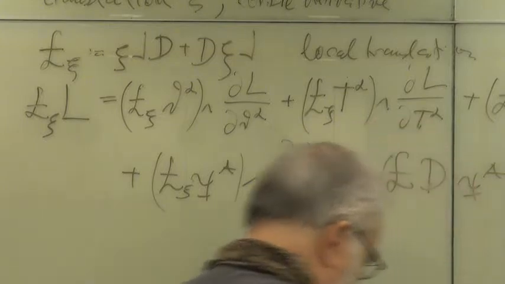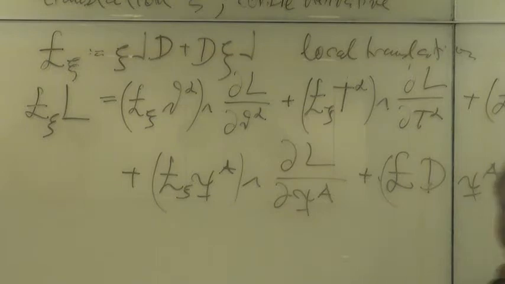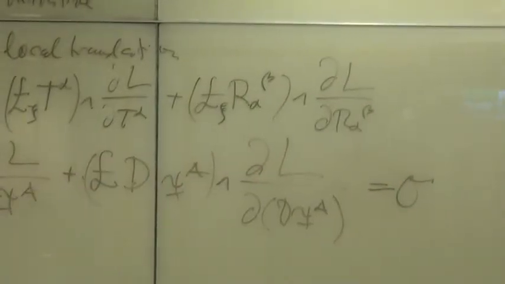I think this is fairly clear, hopefully. And of course this has to be zero, because we want invariance under this.